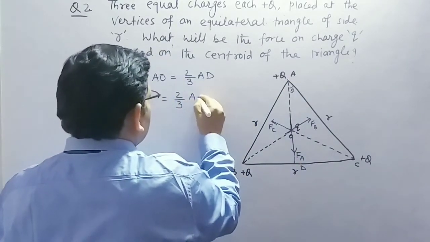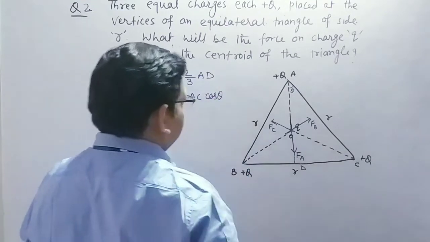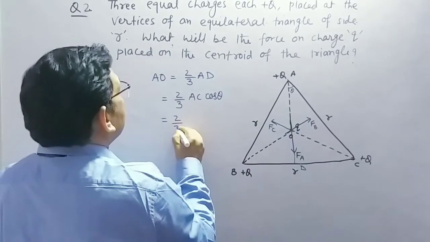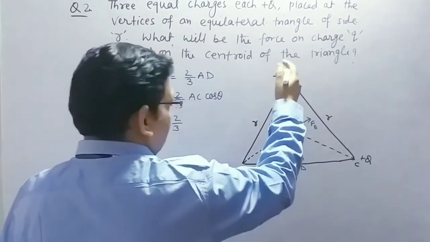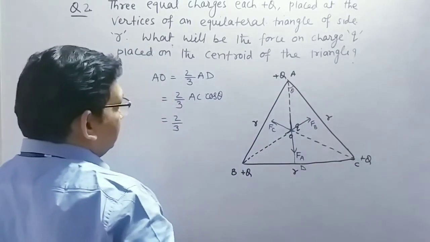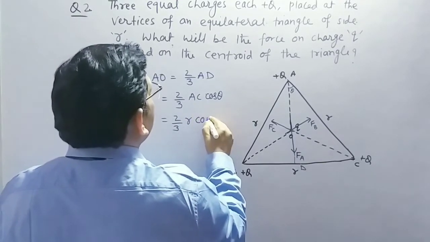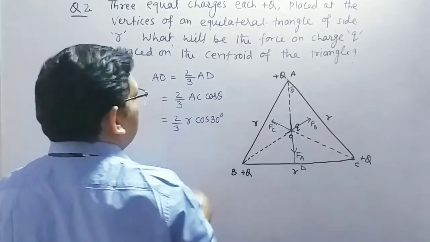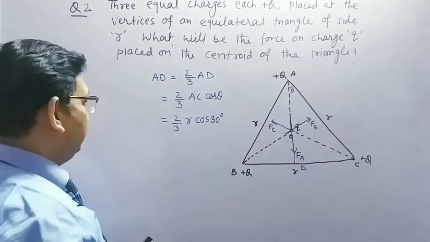So AO is equal to 2/3 AC cos theta. AC is R, and what is the value of theta? 30 degrees, because it is an equilateral triangle.